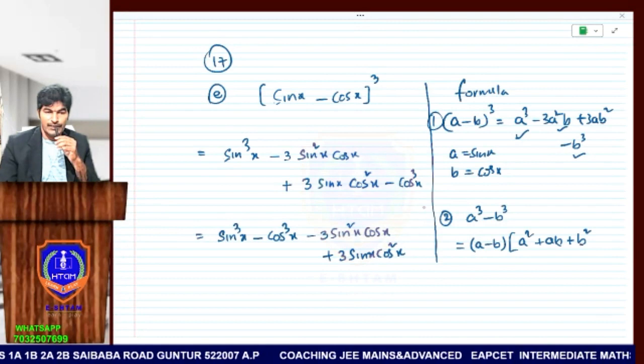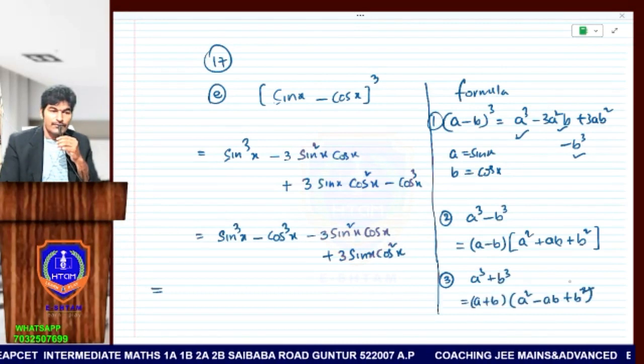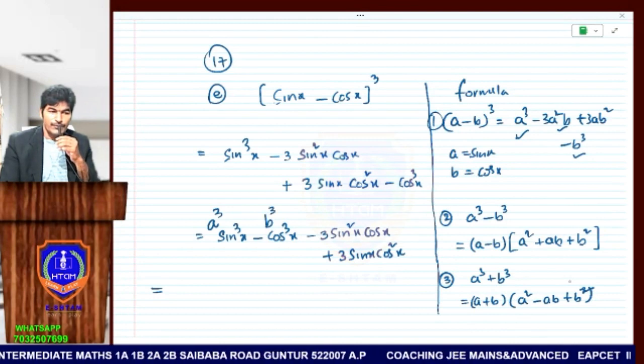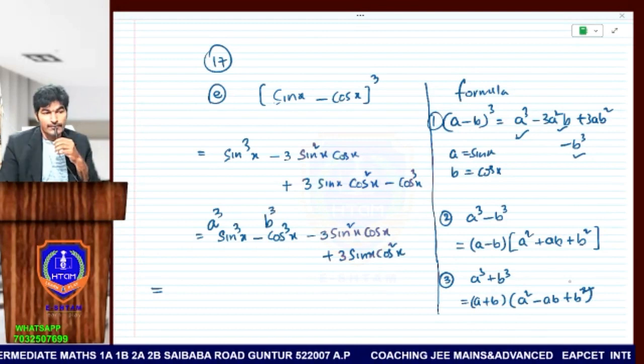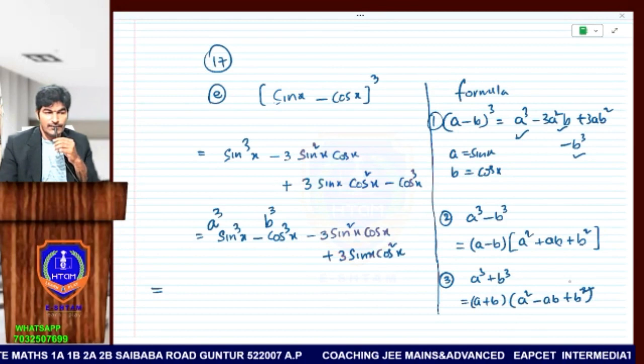In this case, I will give you one more formula also. You have to compare this a cube with sin cube x and b cube with cos cube x. So it is clear that a is sin x, b is cos x.